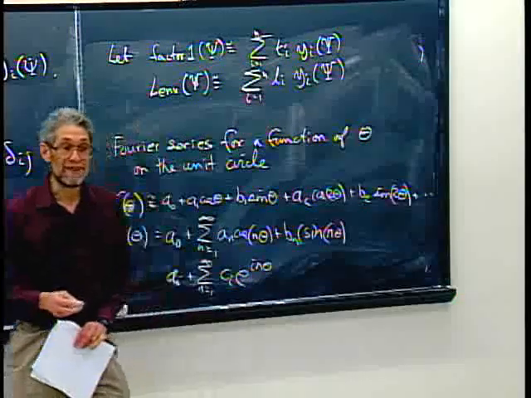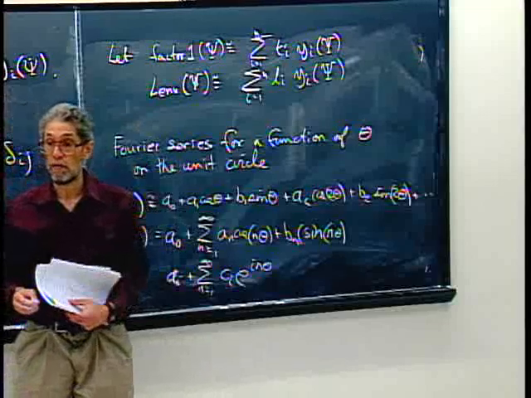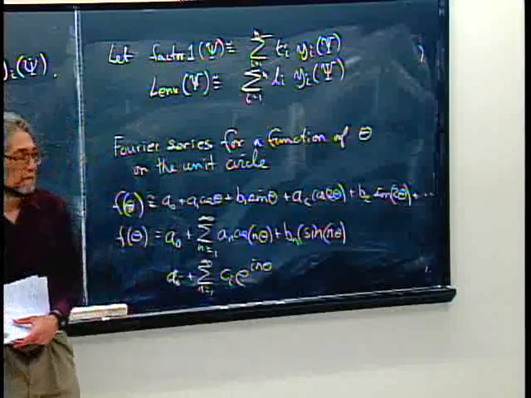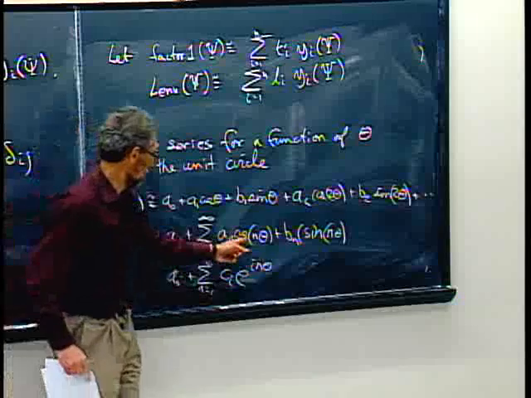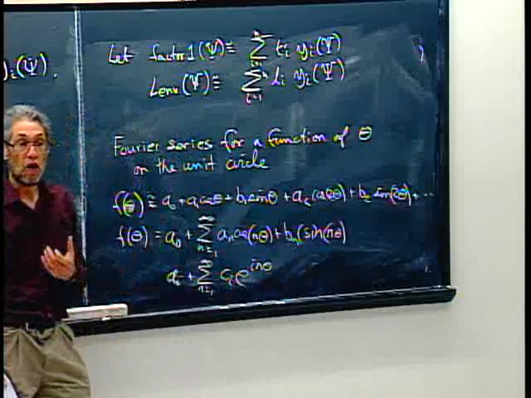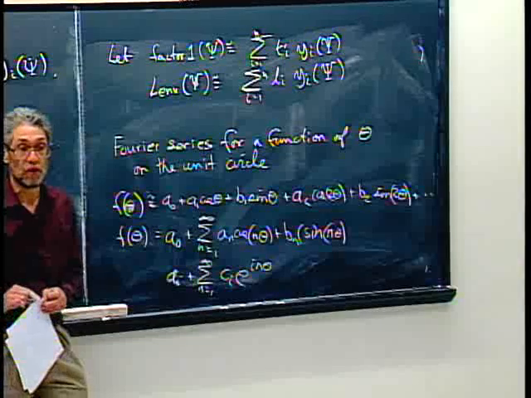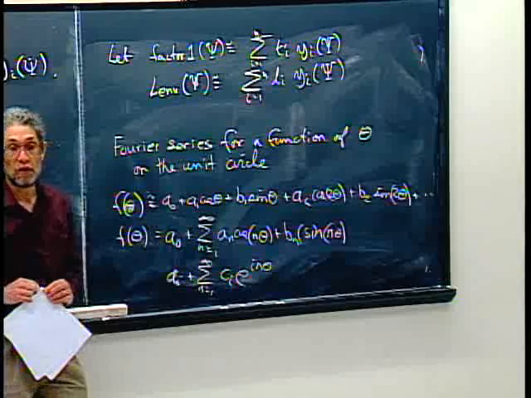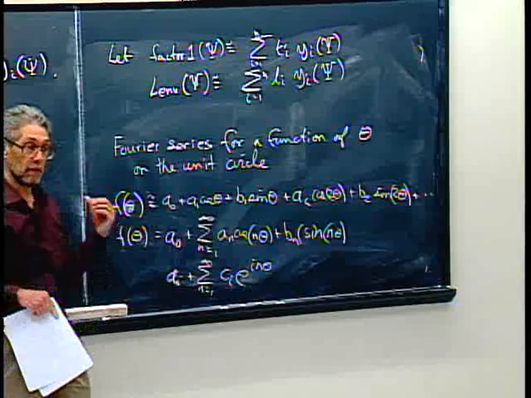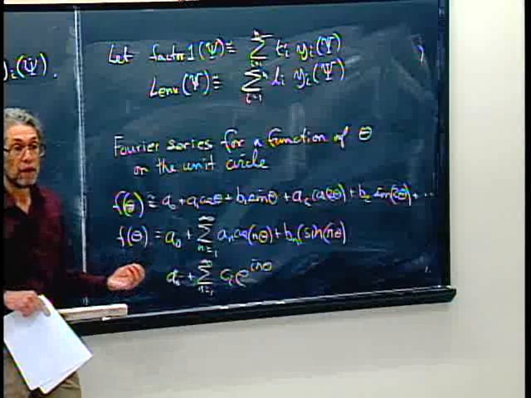Okay, so we want to do the same thing for functions on a sphere instead of a circle. Cosine and sine and just a constant, 1 say, are an orthonormal basis for periodic functions on the circle, in the sense that if you integrate sine squared or cosine squared over the unit circle, you'll get 1.